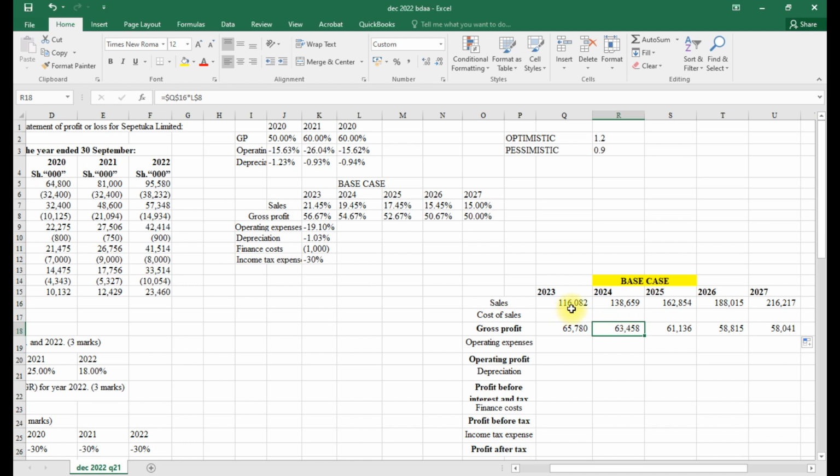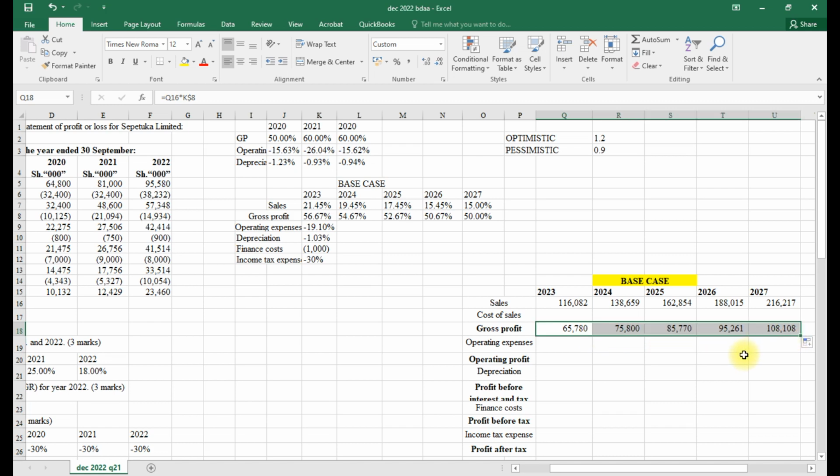So for the gross profit here I've made a mistake. I was supposed only to partial lock, so sales I'll not lock it, I'll just partial lock the percentage, because sales will move along with sales, so it should be 65.